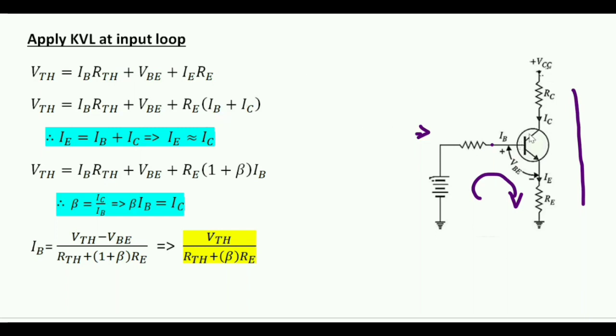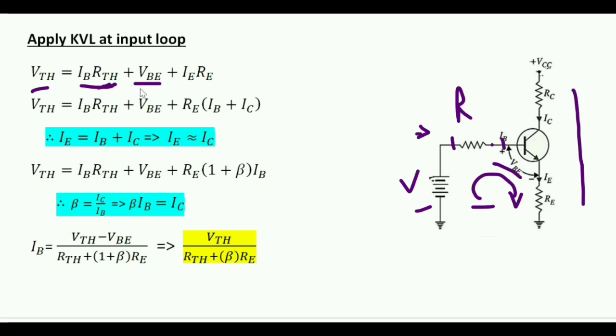If we apply the input loop equation, that is the KVL equation at the input loop, we will get the voltage VTH, that is the total voltage supplied to the loop, is nothing but the voltage drop across base resistor, that is the current flowing through the base resistor is IB, and the base resistance value is Thevenin's equivalent resistance, that is RTH. The total voltage drop across the base resistor is IB into RTH plus the base to emitter voltage.